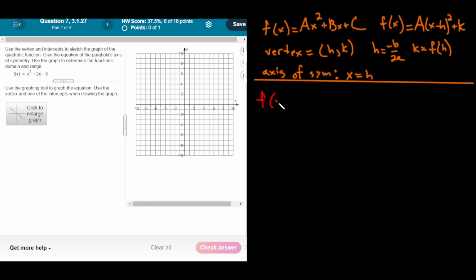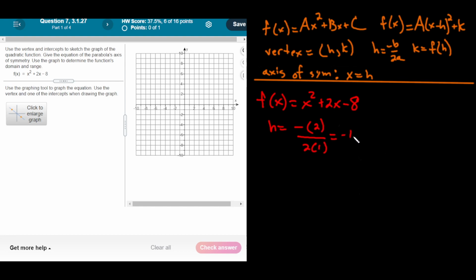So we have f of x. Okay, so here h is negative b all over 2 times whatever your a is. Negative 2 divided by positive 2 is negative 1.